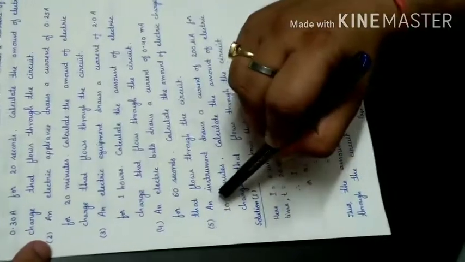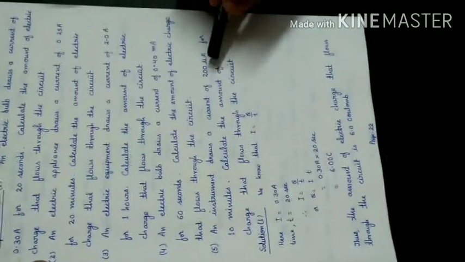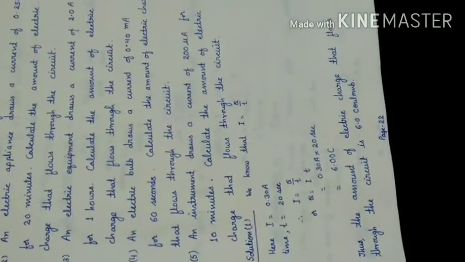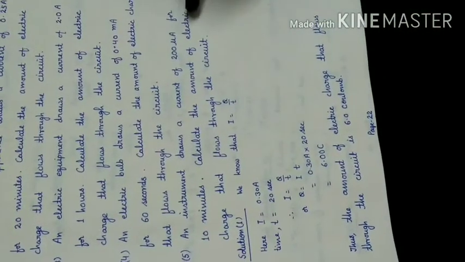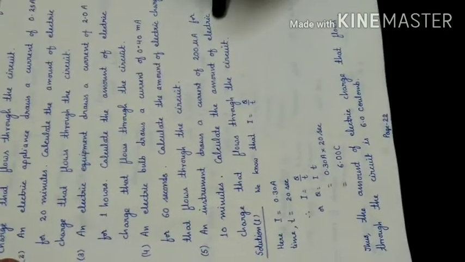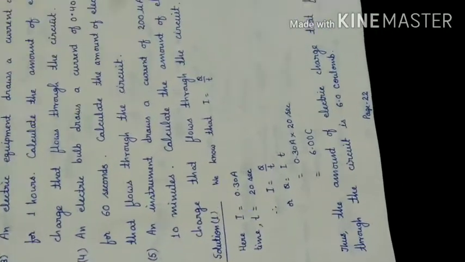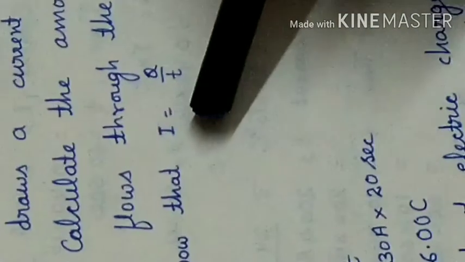Next problem: an instrument draws a current of 200 microampere, mu A means microampere, for 10 minutes. Calculate the amount of electric charge that flows through the circuit. In all these 5 problems, one formula I have to use, that I is equal to Q by T.